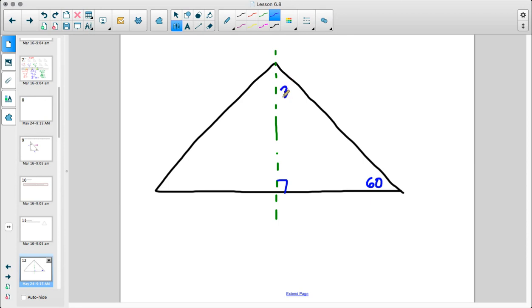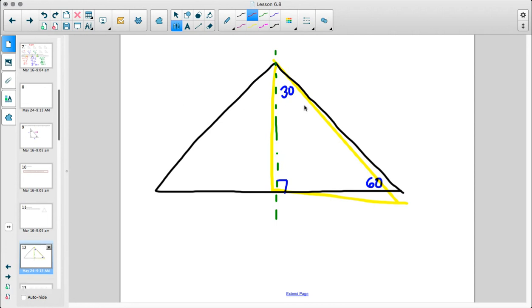That means this piece is 30. And if I just look at this piece, this side, I'm going to do some work and look at some patterns here, okay? And then I'll show you how we get the other special triangle in math.